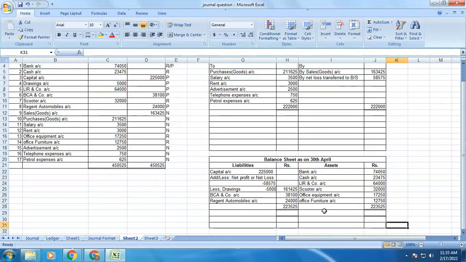So, we draw a double line below this value to show that the balance sheet has been balanced. So, this is one of the, you can say, results of the double entry system, that if you accurately prepare your profit and loss account and balance sheet, the balance sheet on both the sides will show the same amount.